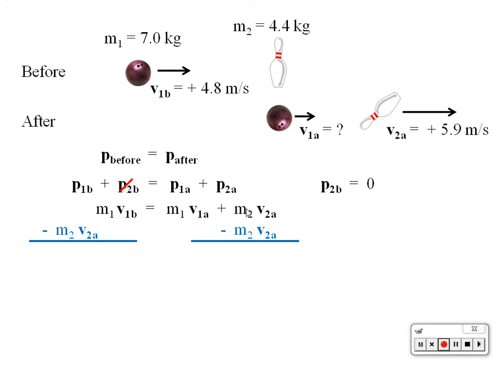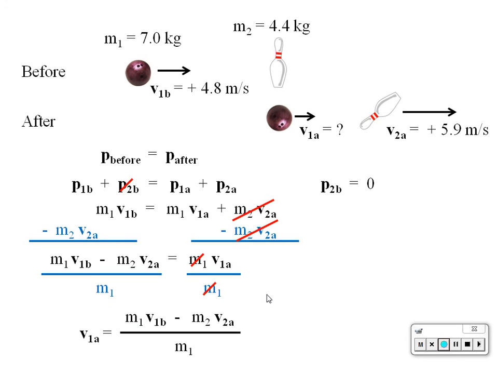I'm going to subtract out the second term, the pin term, and these do not combine, so I just have to write them like this: M1 V1B minus M2 V2A equals M1 V1A. Now I'm going to divide out the mass.